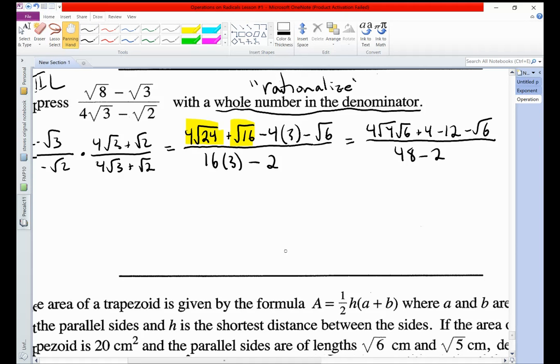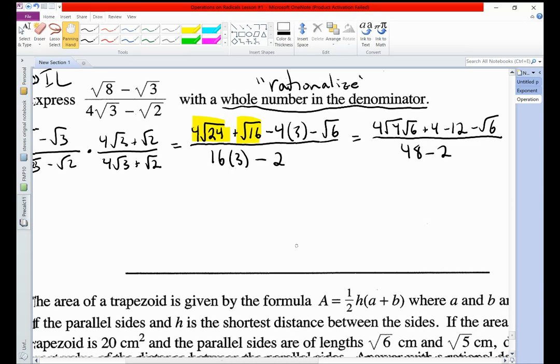Okay, so now, hopefully there's enough screen here. I'll go down to the next line here. We have 4, and then we're going to switch that root 4 into 2 root 6. Then I have plus 4 minus 12 right here. So I'm going to just combine those. Plus 4 minus 12 is minus 8 minus root 6.